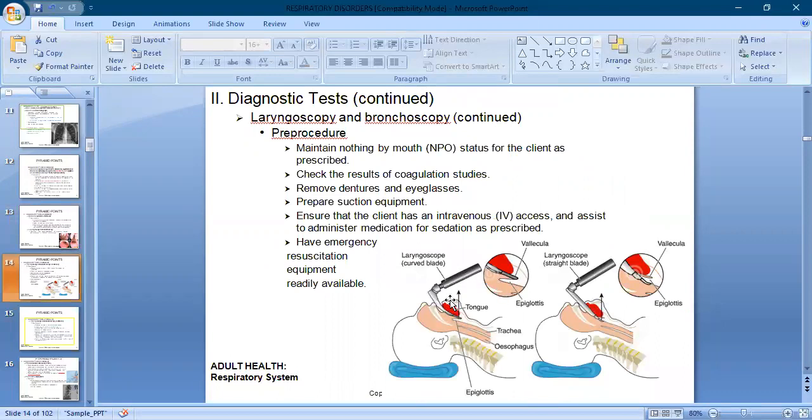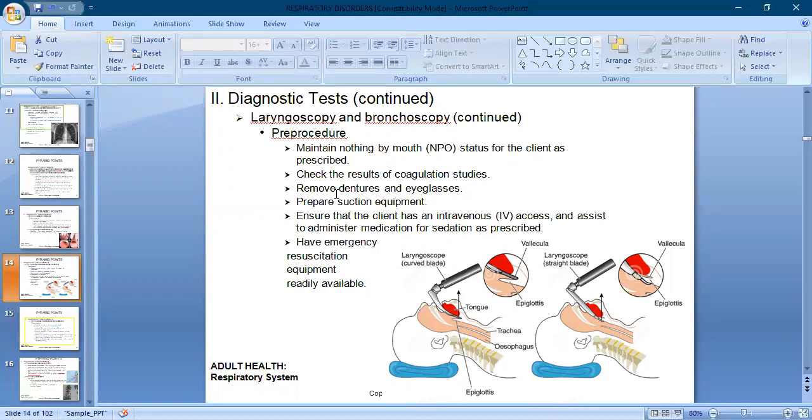So this picture shows the laryngoscope and patient position, right? A little bit up the chin, the head is supported. So pre-procedure, what do we have to tell the patient? We tell them not to take any food, meaning nothing by mouth status, and we collect the results of any coagulation studies.